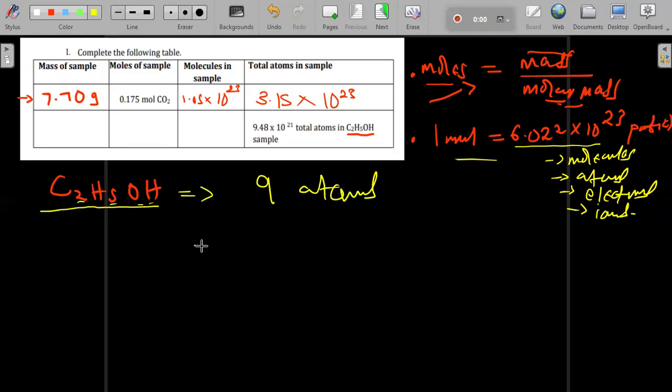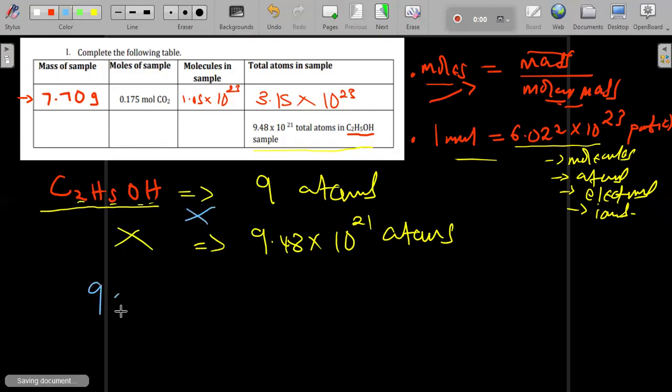What about if I have these number of atoms here? How many molecules am I going to have? I'm going to write 9.48 multiplied by 10 to the power 21 atoms. You just cross multiply.